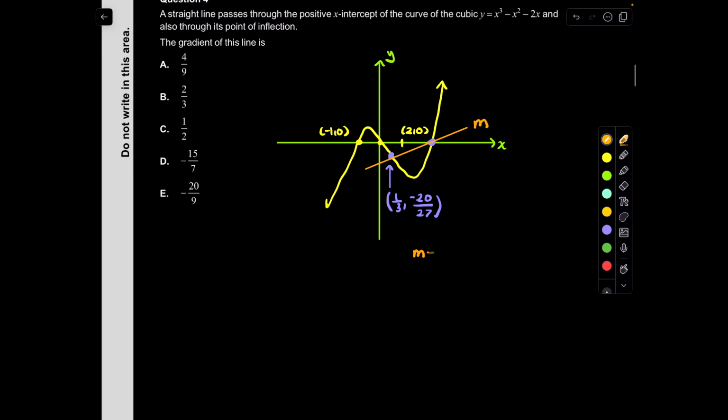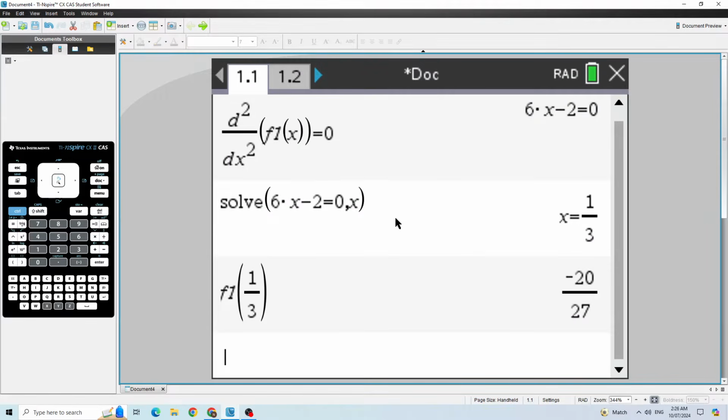So the gradient is y2 minus y1 over x2 minus x1. So y2 in this case is -20 divided by 27, minus 0, all divided by 1 on 3 minus 2. Putting this all on my calculator, I should get my answer.